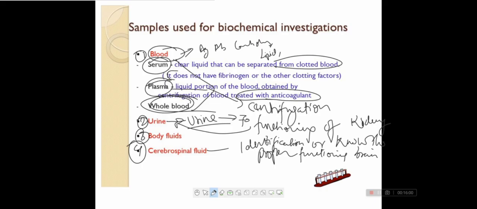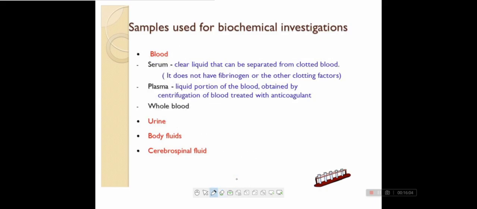So these four are the samples that are collected by the technician for the biochemical tests: blood, urine, body fluid, and cerebrospinal fluid.